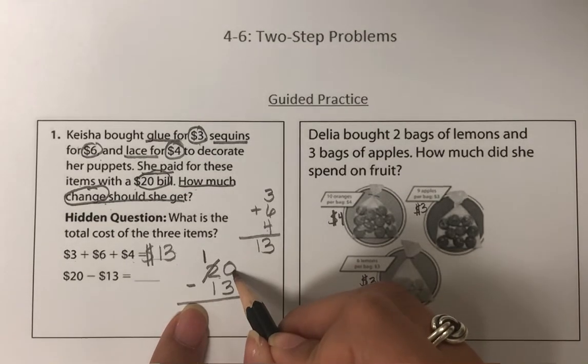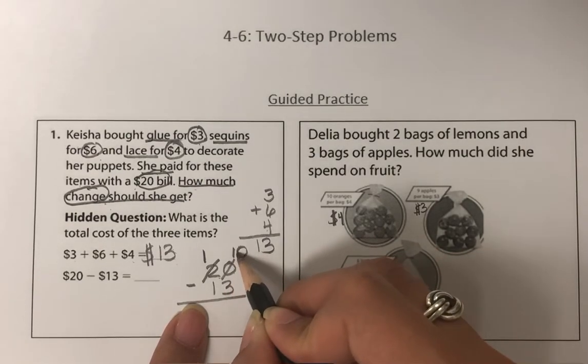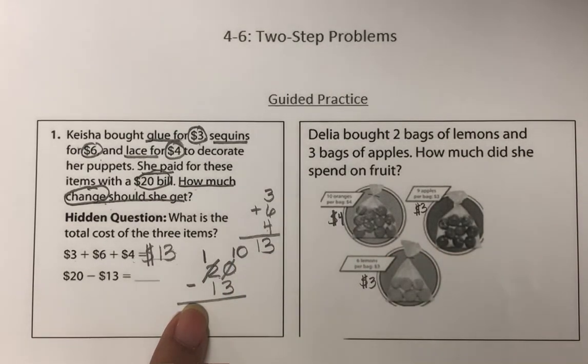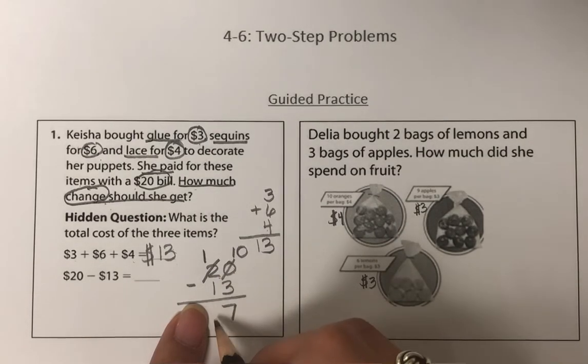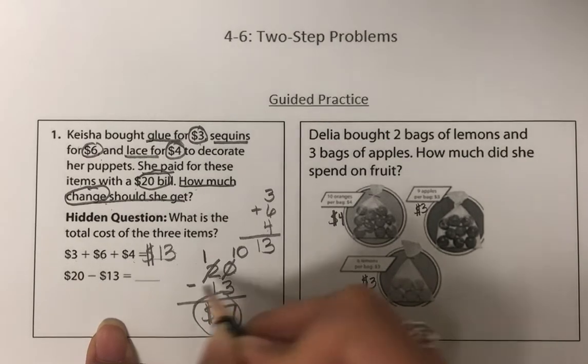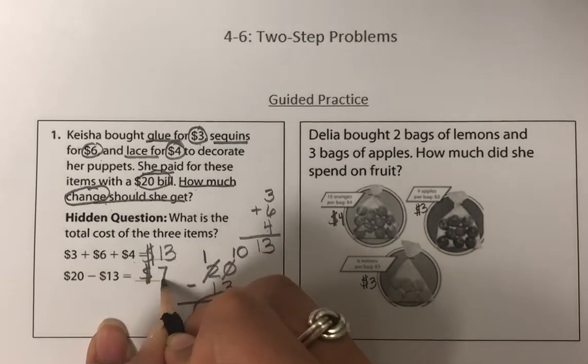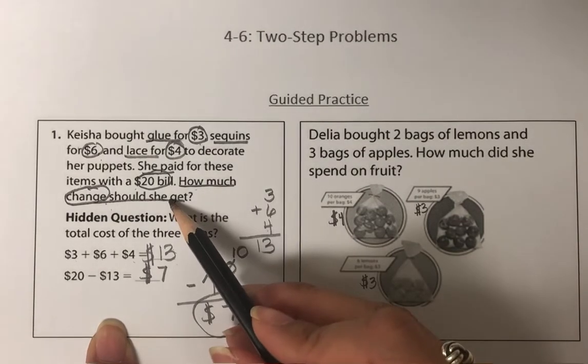And 0 takes the rod back to the 1's place, breaks it into lucky number 10. And now we have 10 ones. 10 minus 3 is 7, and 1 minus 1 is nothing. So our answer is $7. That is the amount of money that she's going to get back from paying with the $20 bill.